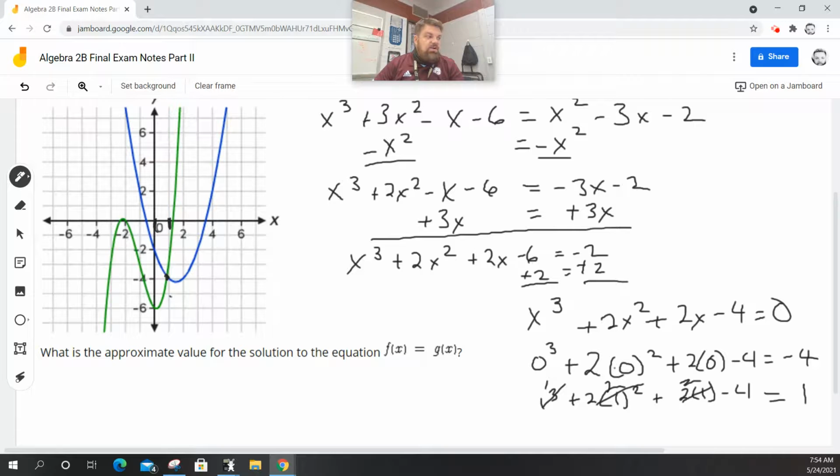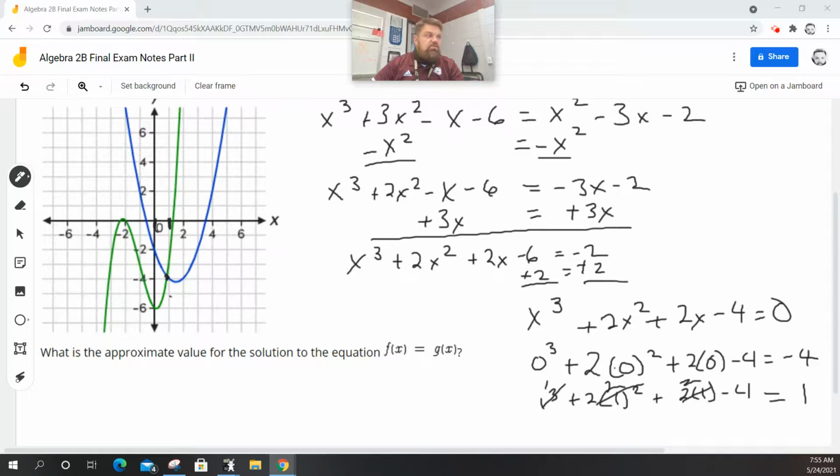Now, when I look at this, I see that these are some bounds. The solution exists between the upper and lower bounds. One of those bounds will yield a negative result, and one will result in a positive result, right? So 0 yields a negative. So then I'm going to average that out.